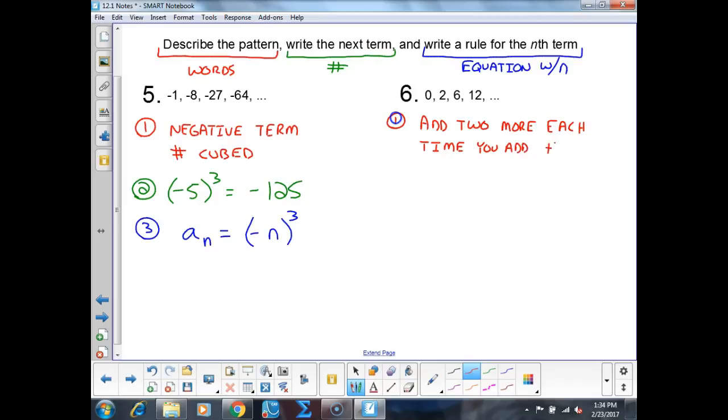So plus 2, then plus 4, and plus 6, and so on and so forth. Okay, all right. So according to yours, then the next term should be 20.